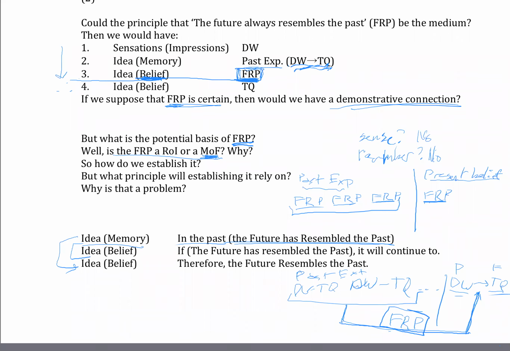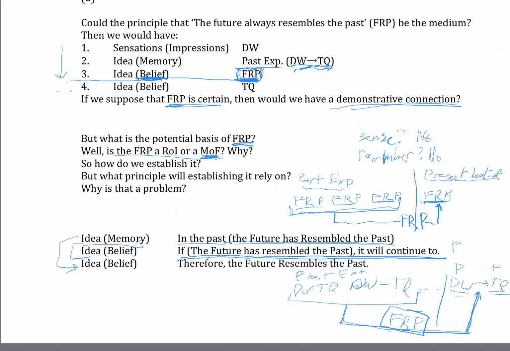And now here, what's the medium that could get me from my past experience of the future resembling the past to my present belief that the future resembles the past? Well, if I could know that the future resembles the past, right, that would do the trick. So if I could know that if the future resembles the past, then it'll continue to do so, right?